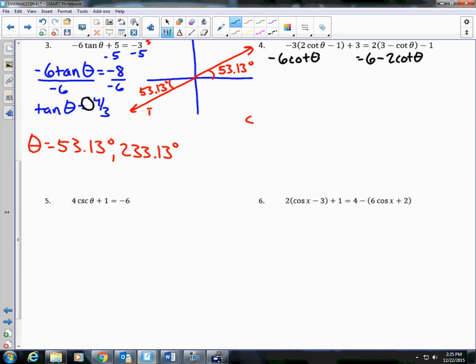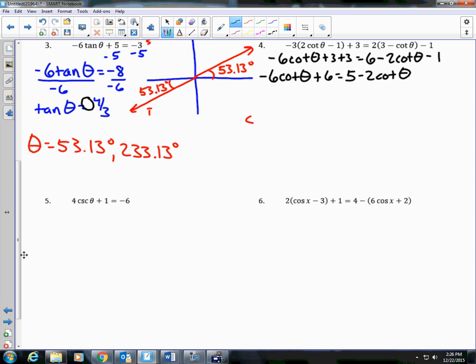So we get -1, -6. And then when I do a 6 minus 1, I get 5. So 5 minus 2 cotangent of theta.